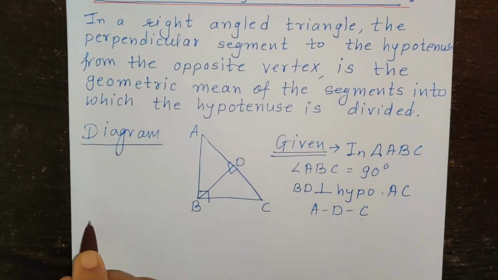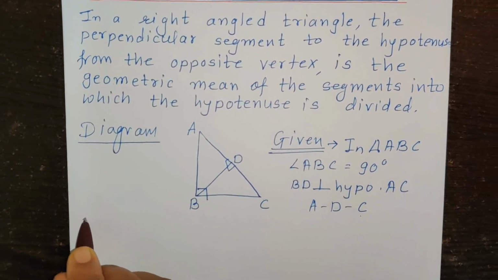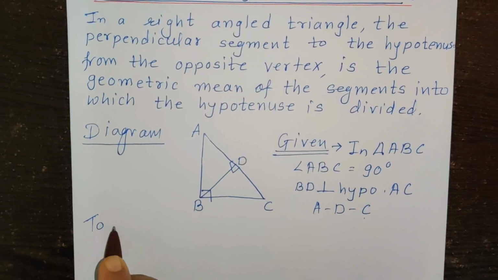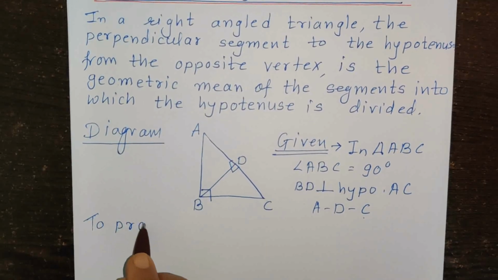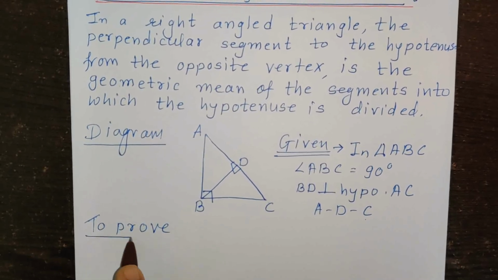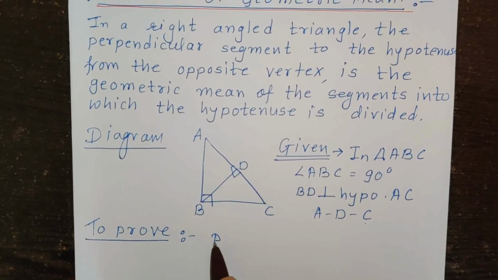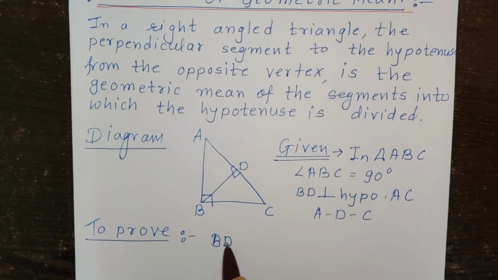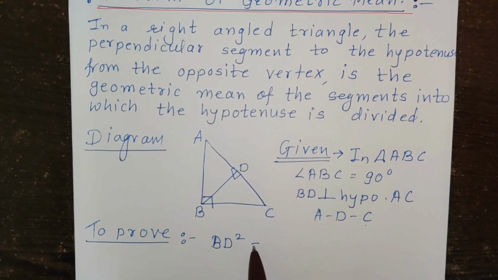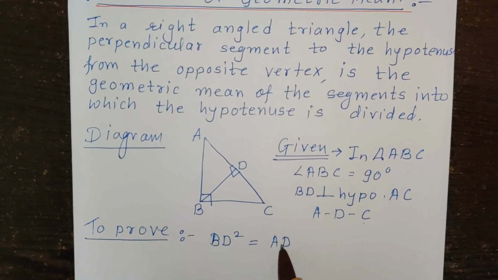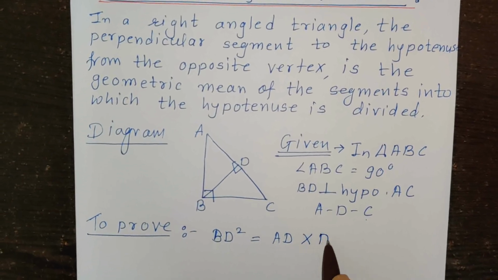And from this we have to prove that BD is the geometric mean of AD and DC. So here, see, I am writing what we have to prove. That means the question, you can say in short, this we have to prove: BD square is equal to AD multiplied by DC.